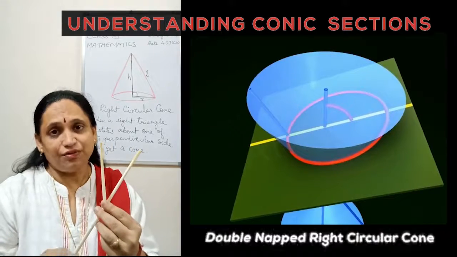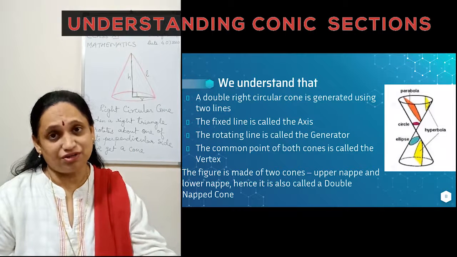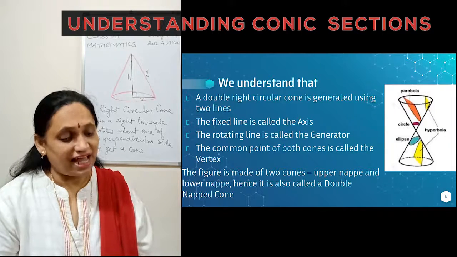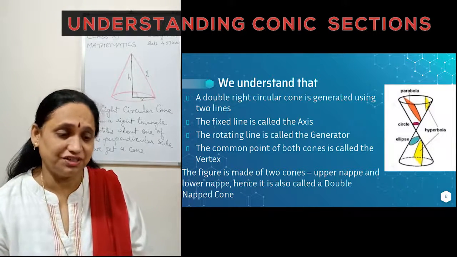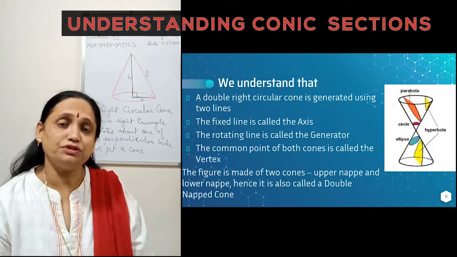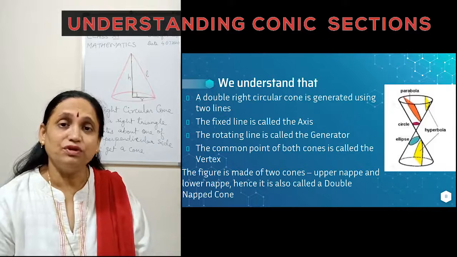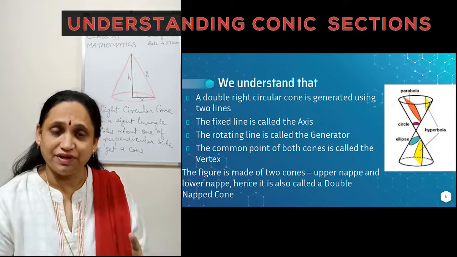So this video has told us how a double napped right circular cone is generated. The fixed line is an axis. The line that rotates is called the generator. The common point of both the lines is called the vertex. And we also learned that there are two cones formed in this figure.